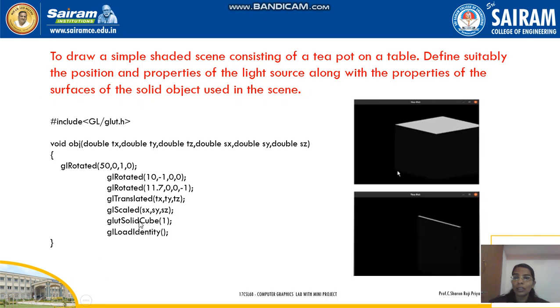And glutSolidCube is the inbuilt function to draw a cube. And what about this one? It is the size of my cube. After all this translation, rotation and scaling, I'll get my cube like this. Now this is the wall.